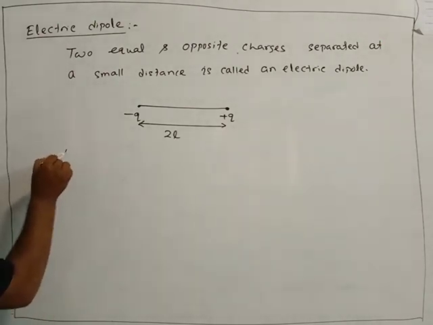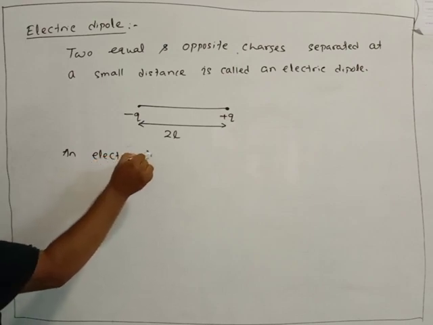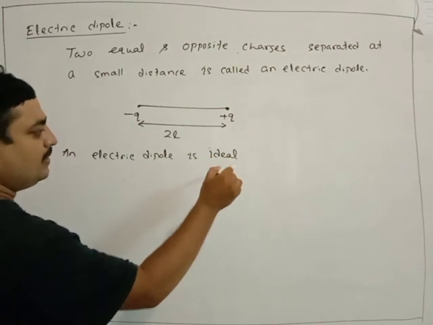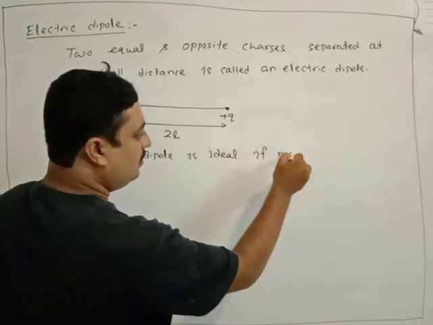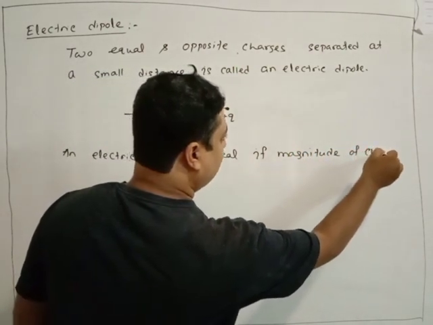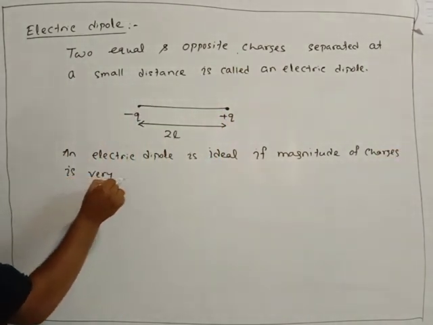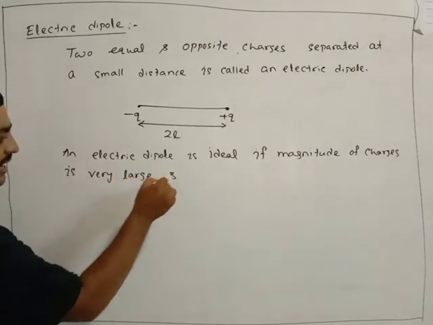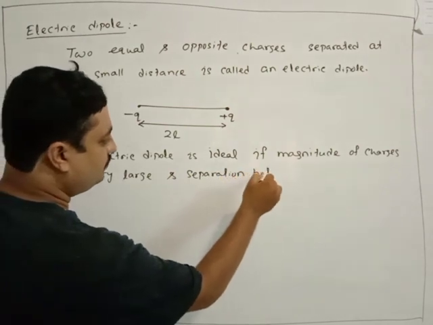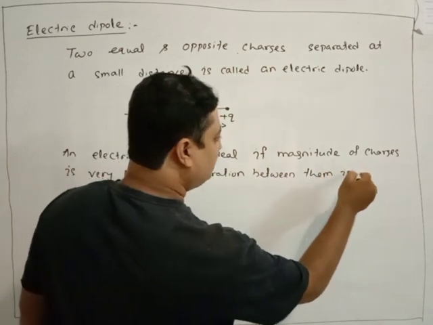Then an electric dipole is ideal if magnitude of charges is very large and separation between them is very small.